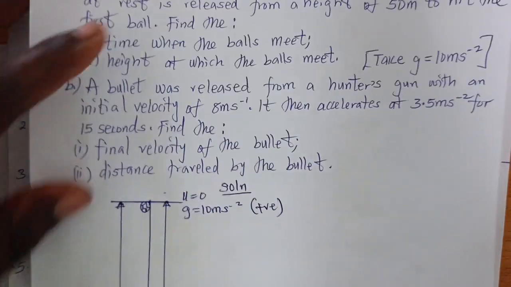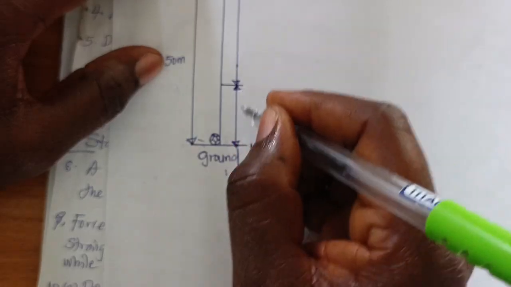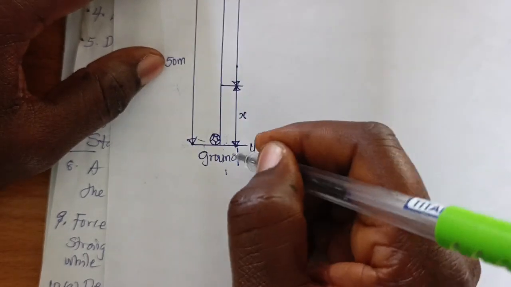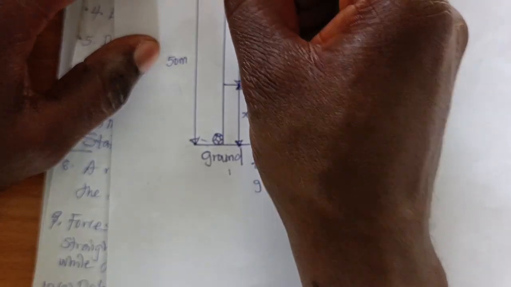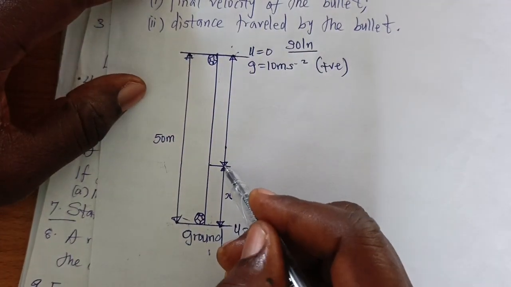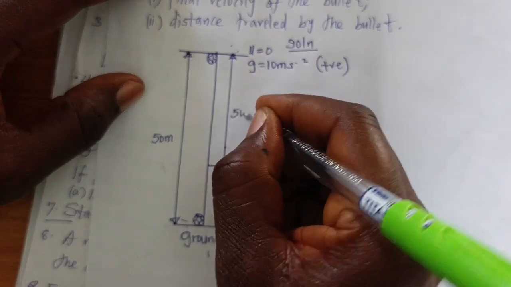Let's use the letter x to represent the height at which the ball coming from the ground meets the one released from a height of 50 meters. If the distance from the ground to the meeting point is x, then the remaining distance is found by taking x away from 50, so we have 50 minus x.